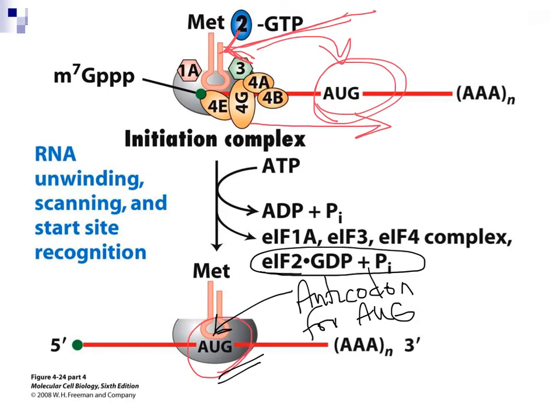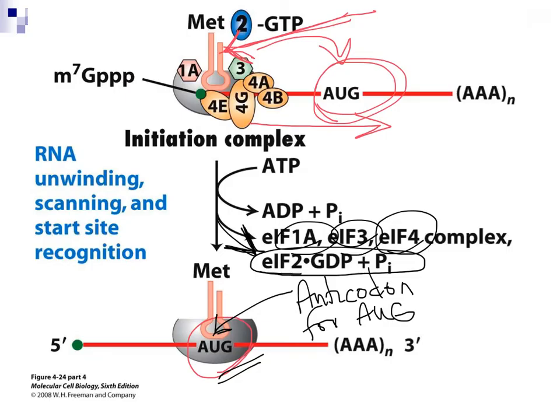So it's showing on here all of this leaves from this initiation complex, which was before. Notice what else leaves. The initiation factor 1A and 3 that were also positioned within the ribosomal subunit, they leave as well, along with much of the initiation factor 4 complex that was helping to position the messenger RNA correctly, because it's no longer needed. Now here I say much of because it seems that part of the initiation factor 4 complex actually will stay on the cap part of the messenger RNA.